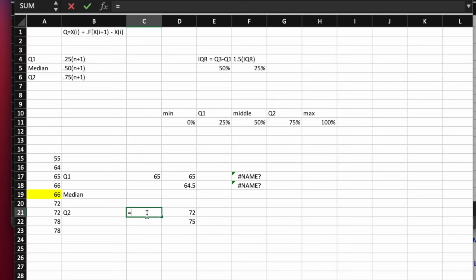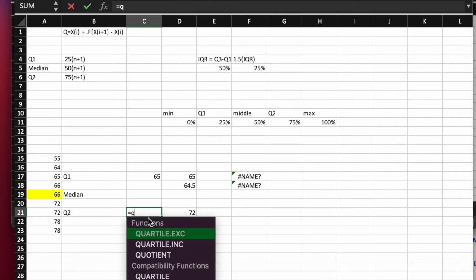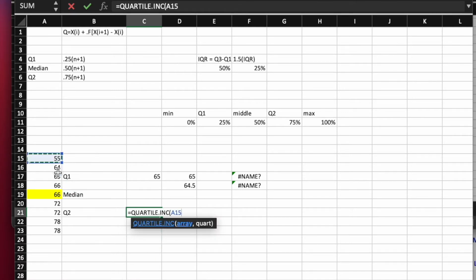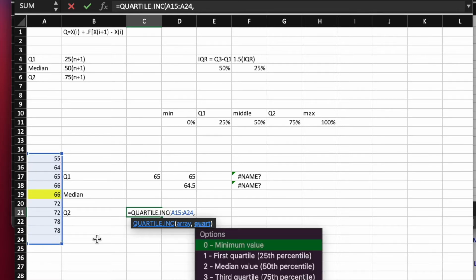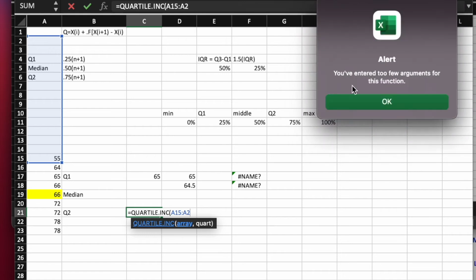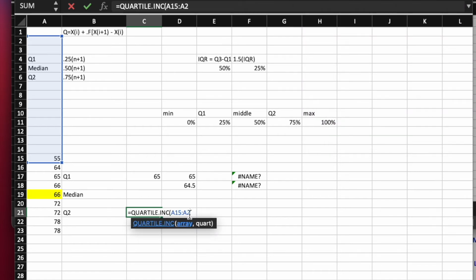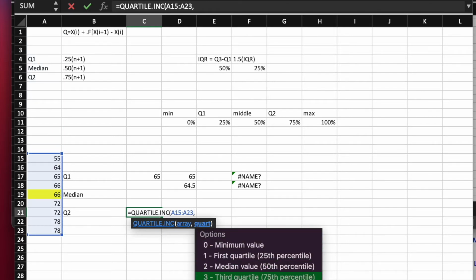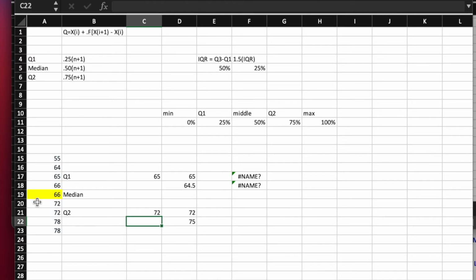We're going to go equals quartile include, same array, but this time we're going to choose the third quartile option, which is 3, right? 72, which is exactly what we would have gotten if we just looked at it and chose the middle value from this bottom half.